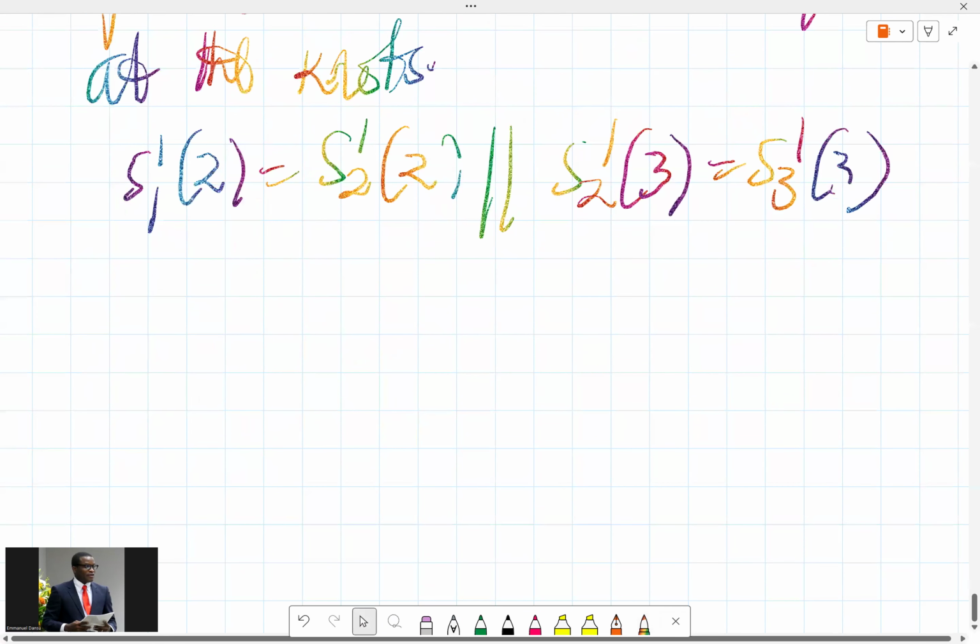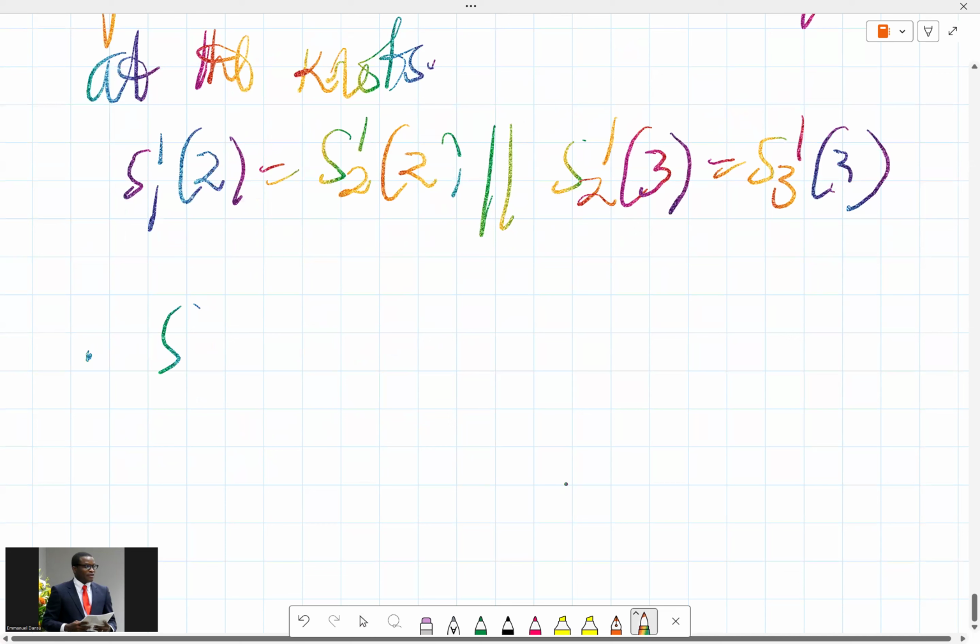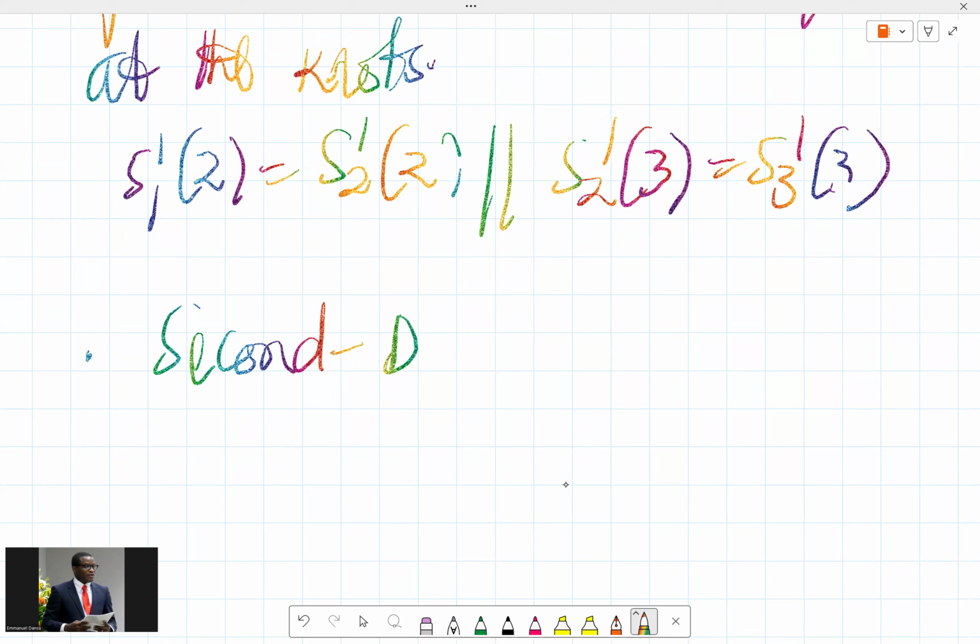And then the last type of continuity we have is the second derivative continuity. Since we're talking about a cubic spline now, we can have the function, the first derivative, and the second derivative.